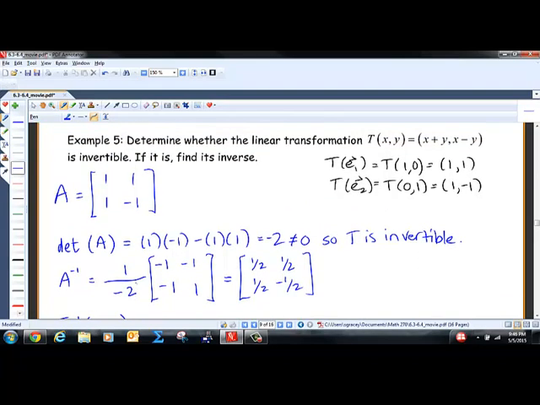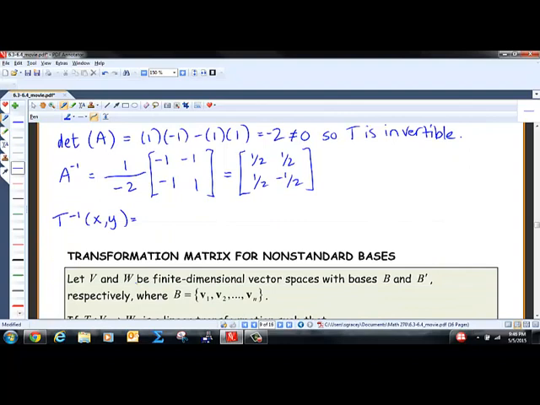So the first one was X plus Y, so now we have 1/2 X plus 1/2 Y, comma, 1/2 X minus, actually it's minus a negative, right? 1/2 Y. So that would give us 1/2 X plus 1/2 Y. And then 1/2 X plus 1/2 Y. Kind of cool.